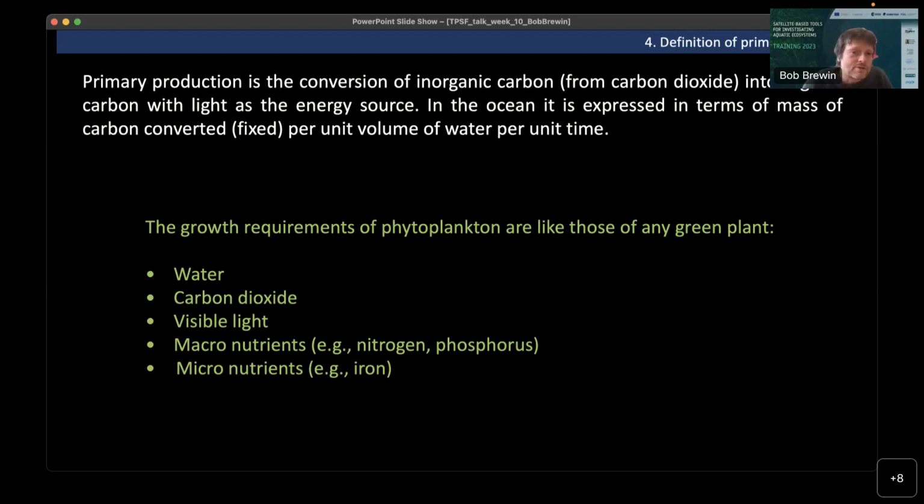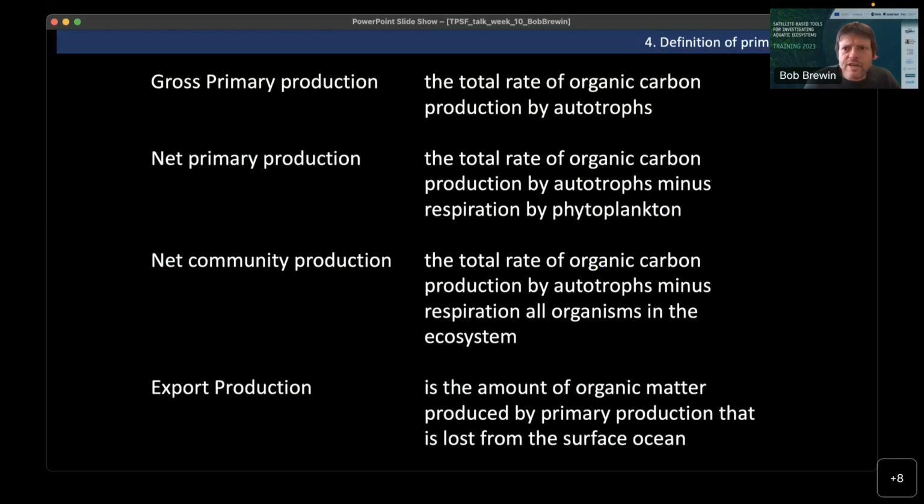And like the plants on land, they require nutrients, not only macronutrients like nitrogen and phosphorus, but they also require micronutrients. So essential nutrients like iron, even though they only require low concentrations of iron, are very important in the process of photosynthesis.